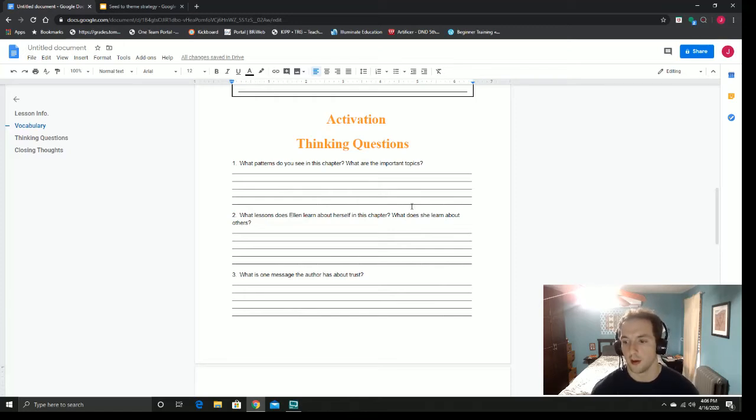As long as your thinking is in the right area and you've got evidence from the text to back it up, your response is going to be okay. I'm going to give some of the clearest ones that I notice. And if you notice something different, as long as you can back it up with what you saw in the text, it's going to be an excellent response.